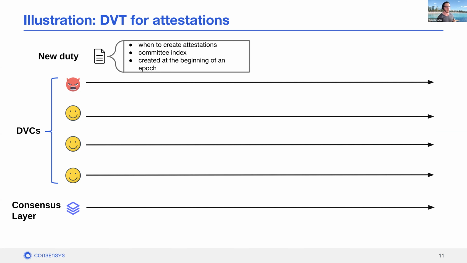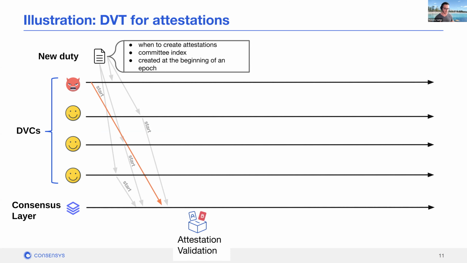When it's time for the validator to create a new attestation, the different distributed validator clients composing the distributed validator communicate with the consensus layer to start a new instance. And of course, a malicious node might try to start earlier, might try to start later, as it doesn't necessarily follow the protocol.